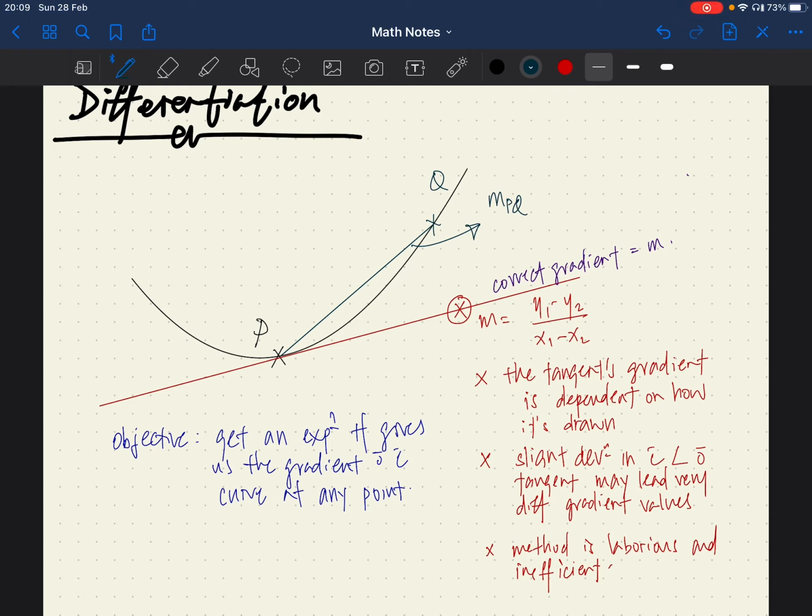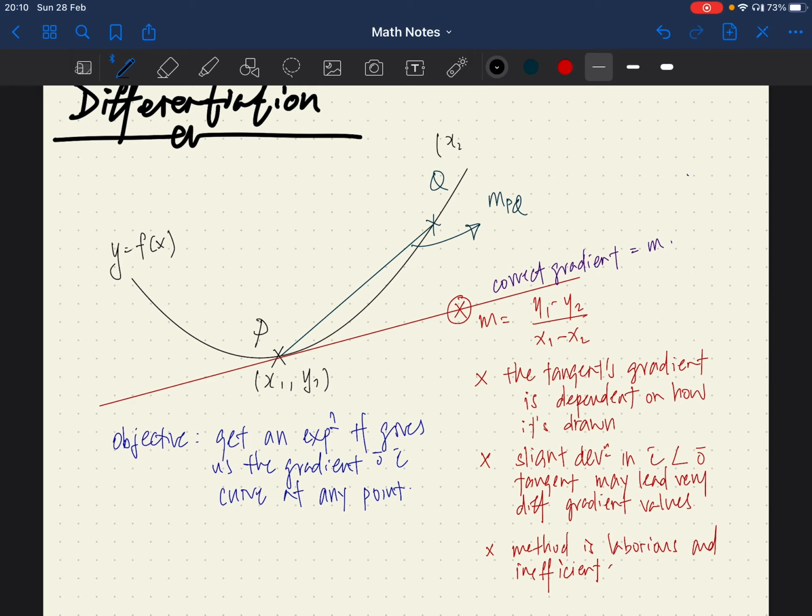given any 2 points P and Q on the curve. So let's say the equation of the curve is y equals f(x). Then let's say point P has a certain x and y value, and point Q has a certain x and y value.